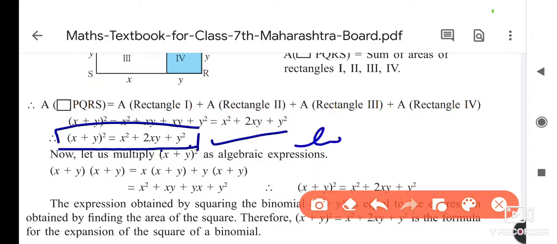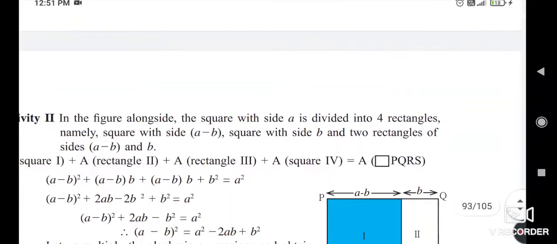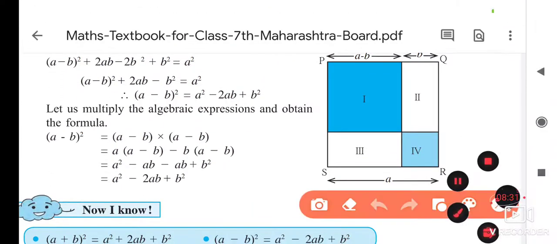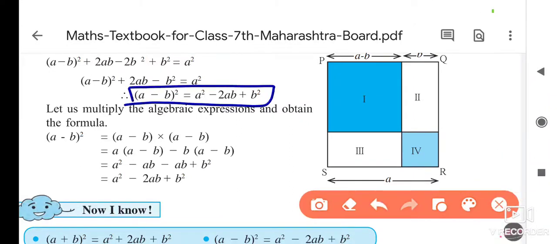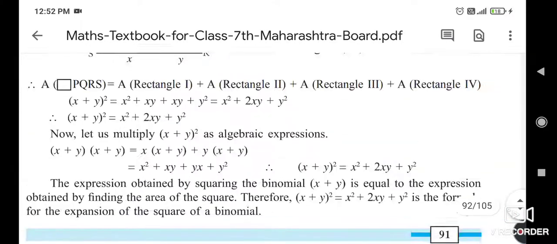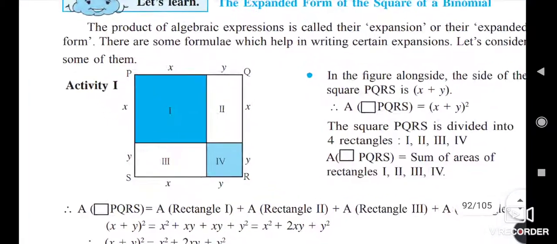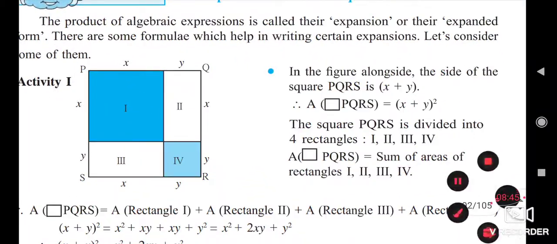That you have to learn by heart properly, because we are going to use that expanded formula to solve the examples. And second, a minus b bracket square is equal to a square minus 2ab plus b square. These formulas are very important, and how they are derived, that we see now.